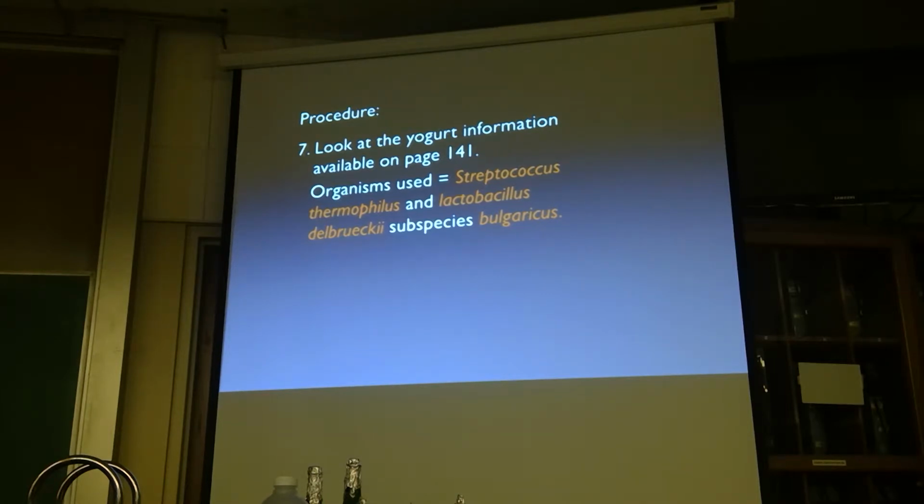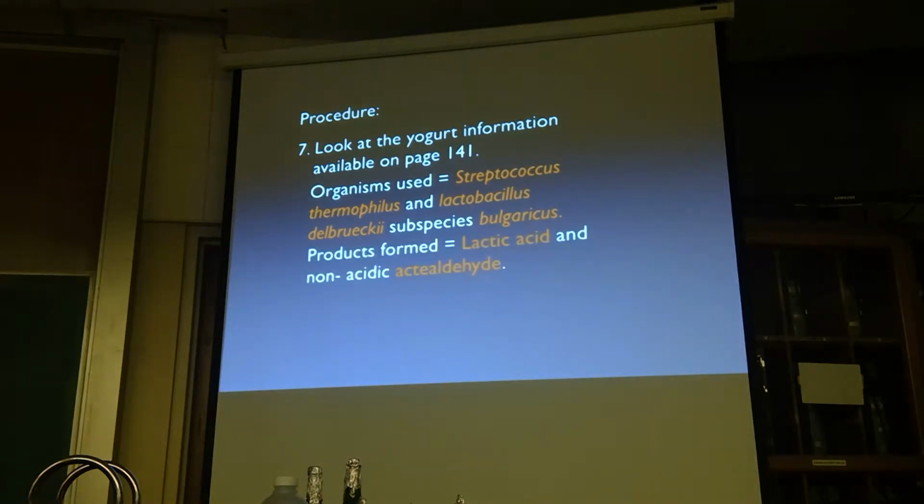Somewhere in the lab manual, I've abbreviated it to Lactobacillus D bulgaricus. Anyway, those organisms, when they're together, produce lactic acid and acetaldehyde. There's enough acetaldehyde in yogurt that you can kind of taste it. The aldehydes have a nut-like flavor, so it's sour, but there's another subtle flavor in yogurt, and that's acetaldehyde.